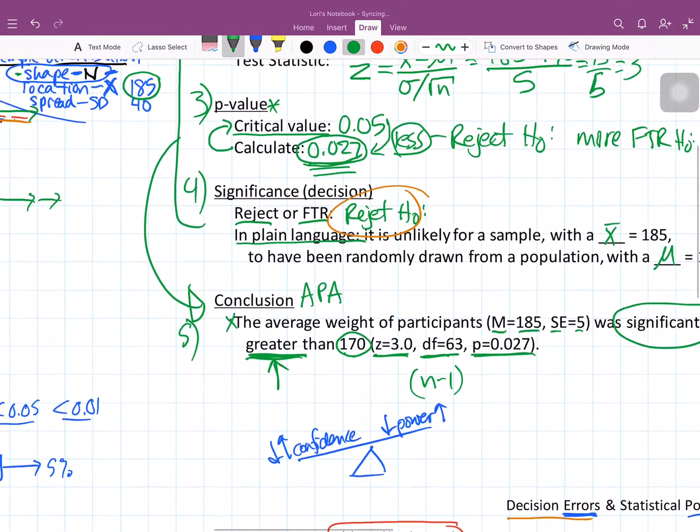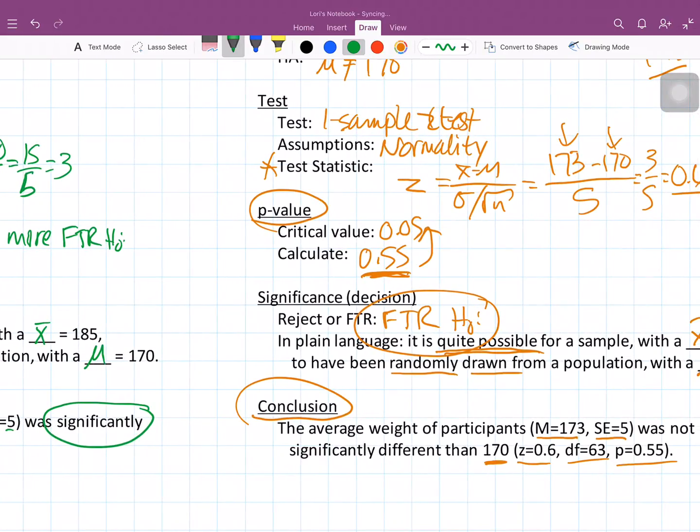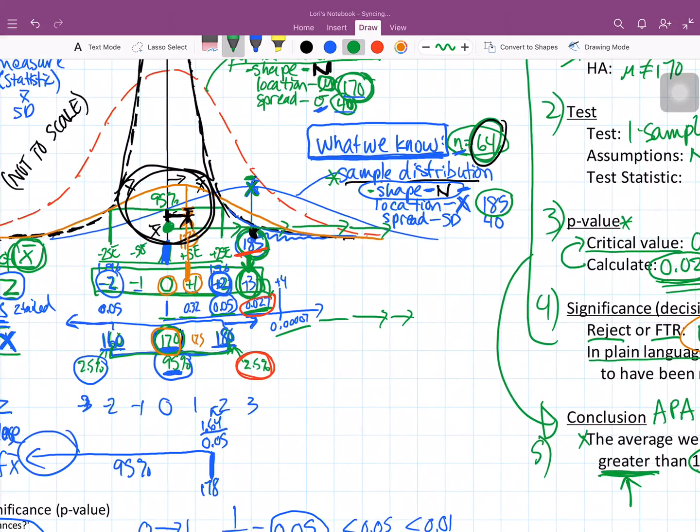Now, in our scenario up here, over on the right here, we failed to reject the null. Remember, we were testing whether this sample mean of 173 is different from 170. Now, yes, 173 is different than 170, but is it statistically significantly different?